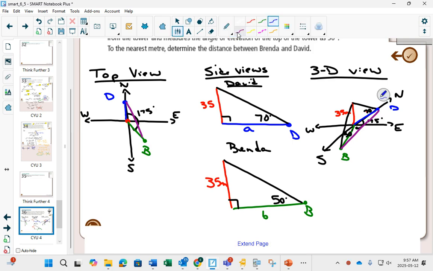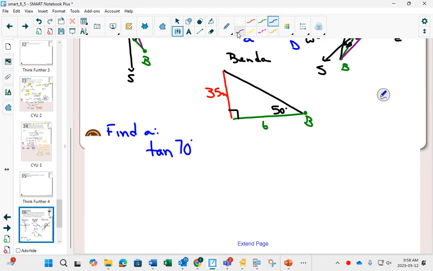We'll start with A. I'll do it in blue. I'll say I'm going to find A. How do I do that? Well, if I use SOHCAHTOA here, A is the adjacent side. I know the opposite side, so that tells me I should use tangent.